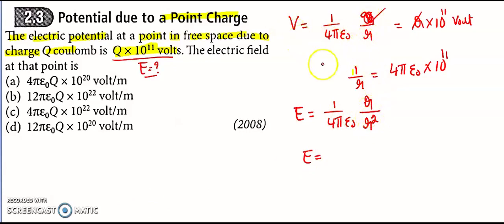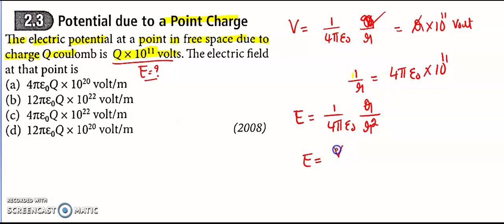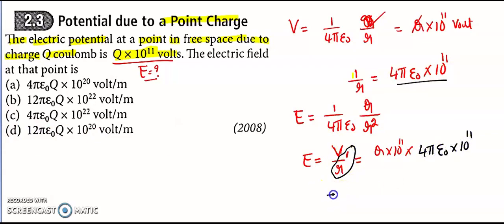Q divided by R is V, so E is V divided by R. V is Q into 10 to the power of 11, and 1 by R is 4 pi epsilon naught into 10 to the power of 11. So the answer is Q into 4 pi epsilon naught into 10 to the power of 22. So which is the answer?